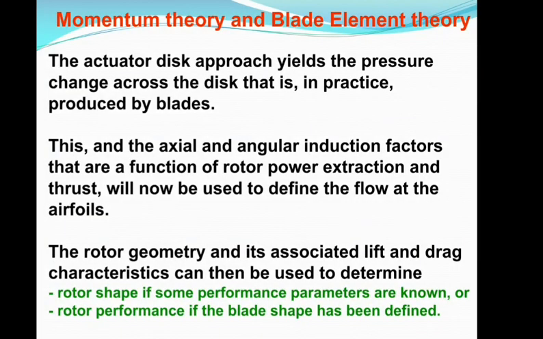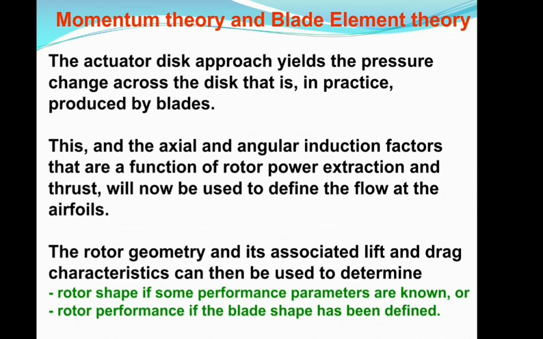Some theories included in the construction of a wind turbine are the momentum theory and blade element theory. The actuator disk approach yields the pressure changes across the disk that is in practice produced by the blade.